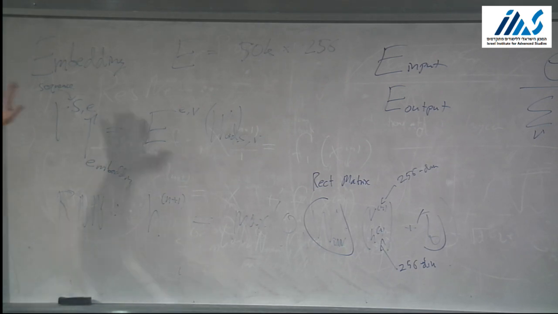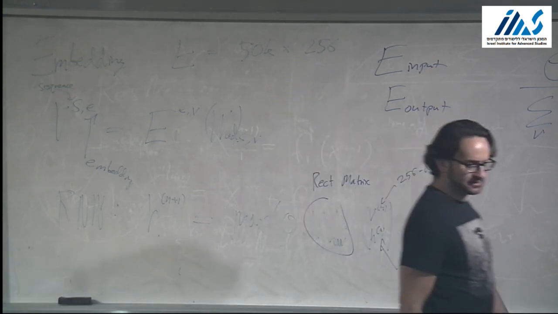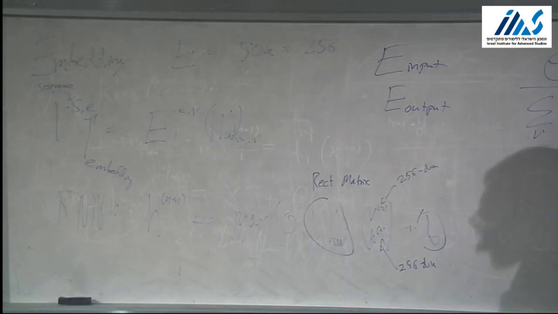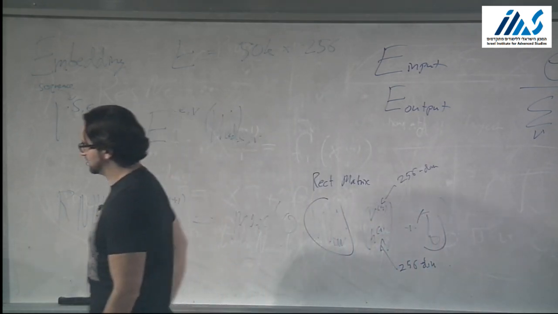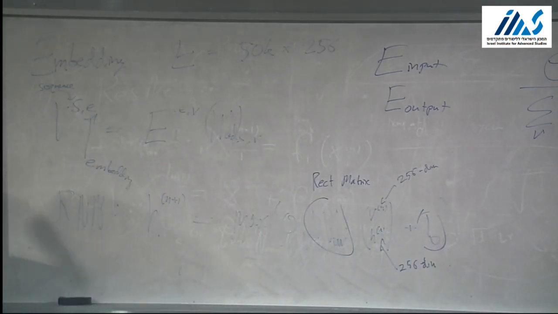So, questions about this setup or what the RNN is? Yeah? So you're taking this huge vocabulary and projecting it to some smaller subspace that presumably holds information about what the sentence could be about. So this is like a one-layer network, right?